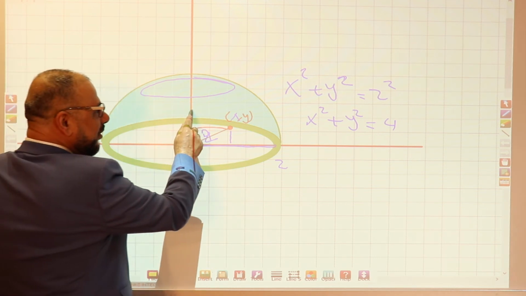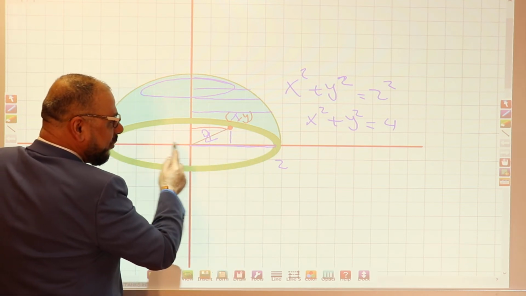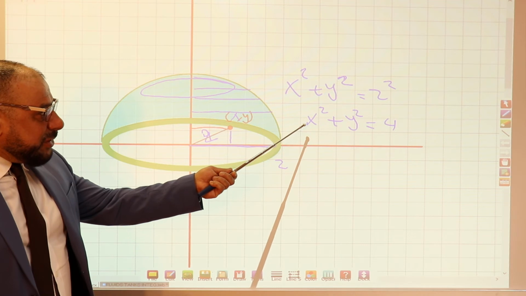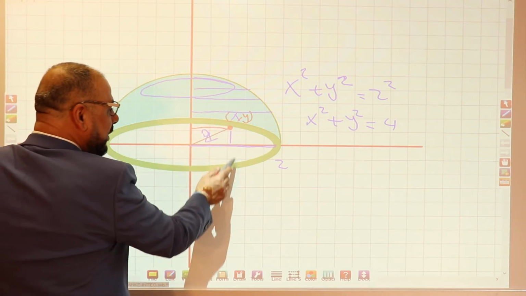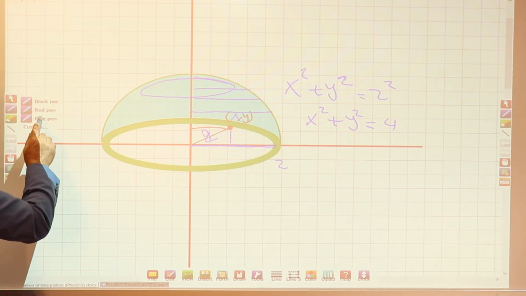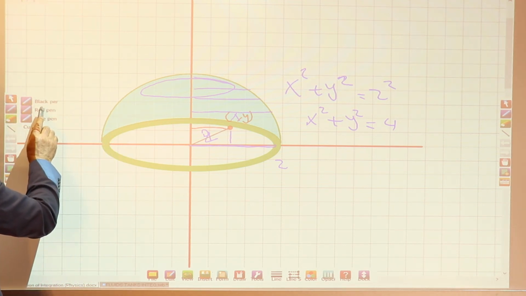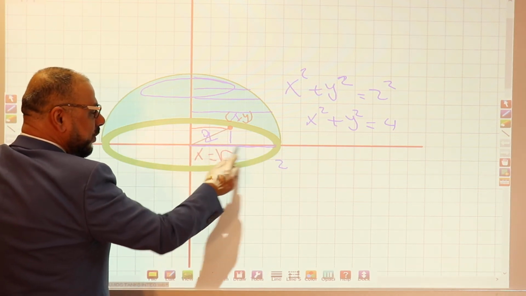Then x starts to decrease, where x stands for the radius of the small circles. That's what I meant by r. The r I used in the formula means the radii, the plural of radius. You see, the first radius in the base, you have a full r equal to 2, x equal r equal to 2.